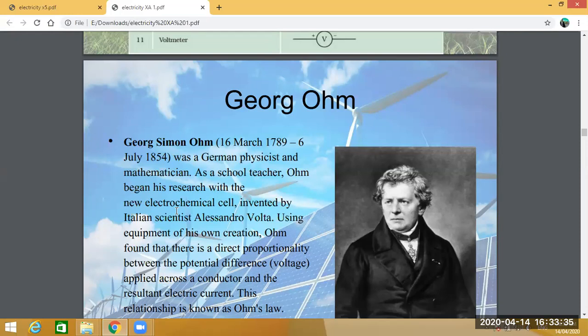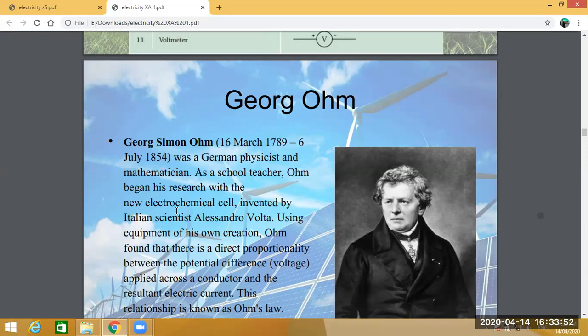Now, using equipment of his own creation, Georg Simon Ohm created his own equipment for measuring the effect of electric current through various materials or various conductors.